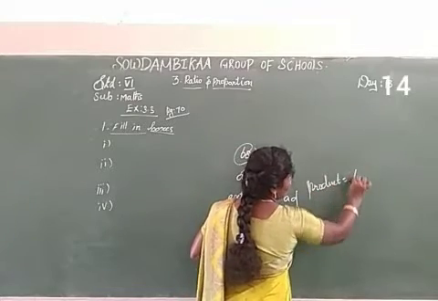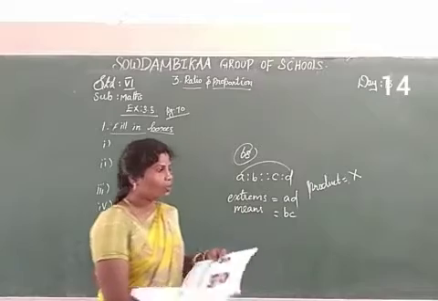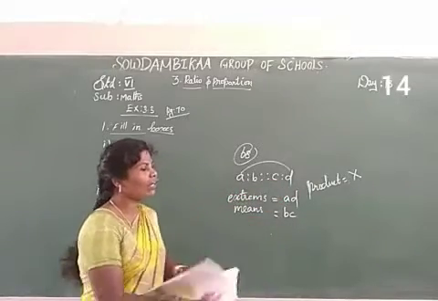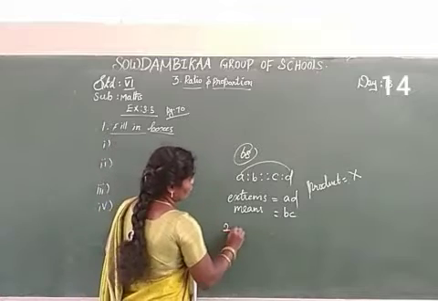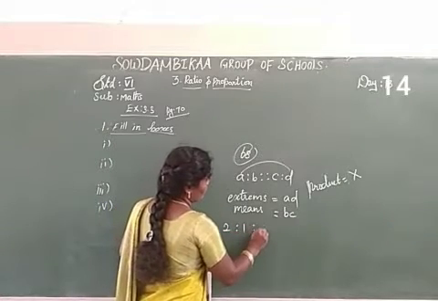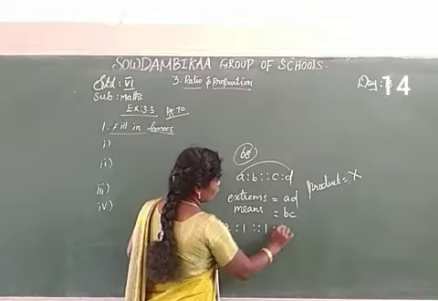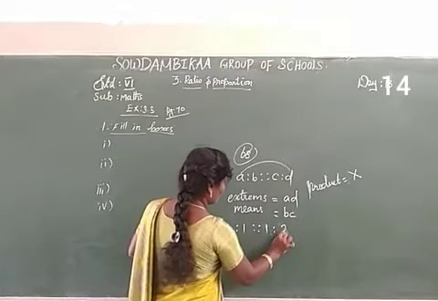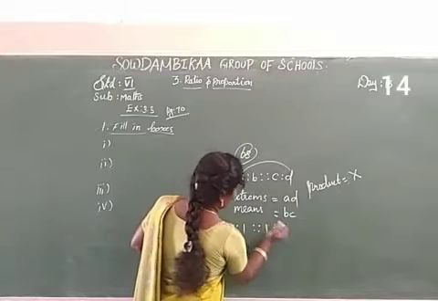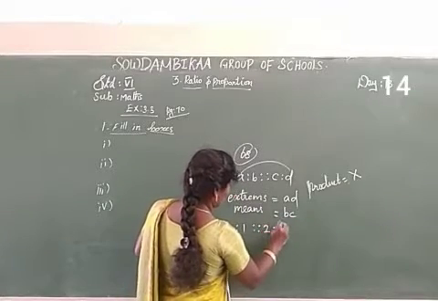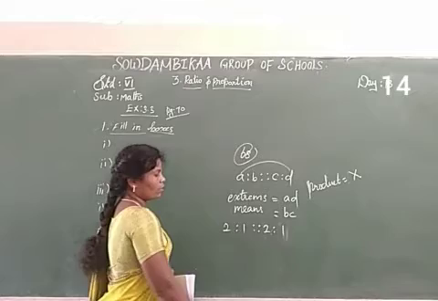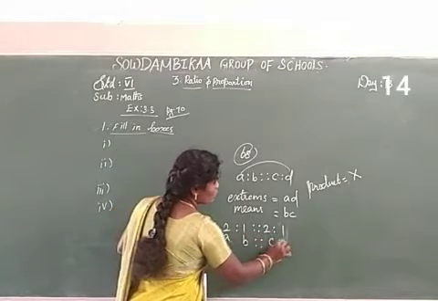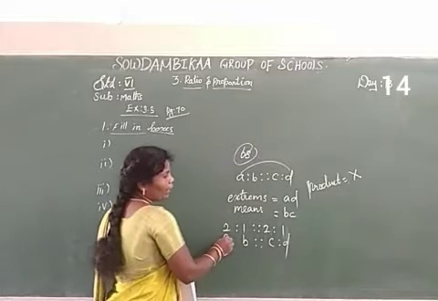You multiply A into D is equal to B into C. For example, 2 is to 1 is equal to 2 is to 1. Here 2 is to 1 is A is to B, equal to C is to D. Product of extremes.